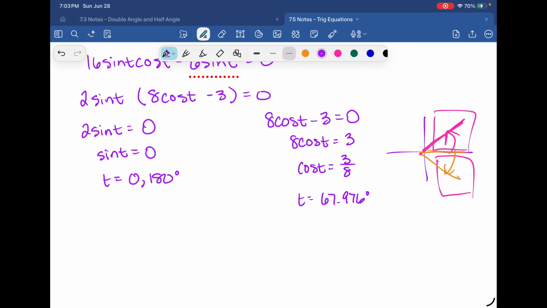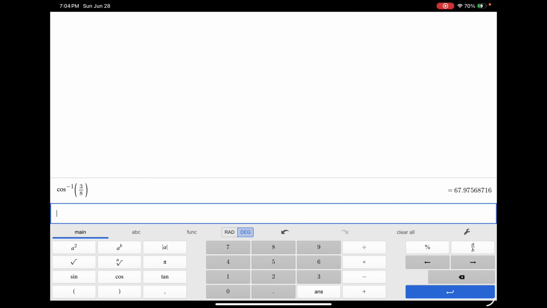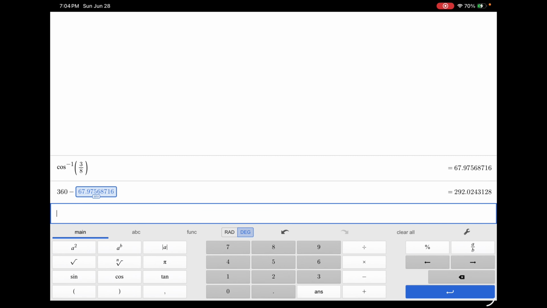So our other angle is going to be 360 minus the 67.976, because these two are the same. And since I want this entire angle, I'll take 360 and subtract the reference. So 292.024.